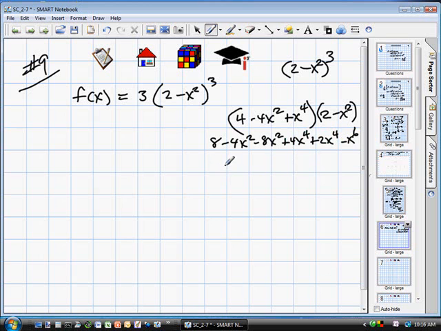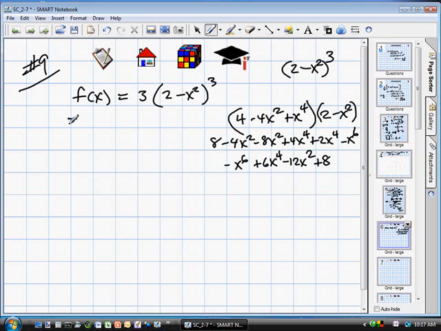Bringing that together, I get negative x to the sixth. How many x to the fourth? 6 of them. And then squareds, I have what? Minus 12 of them. And then there's plus 8. Does that look right?